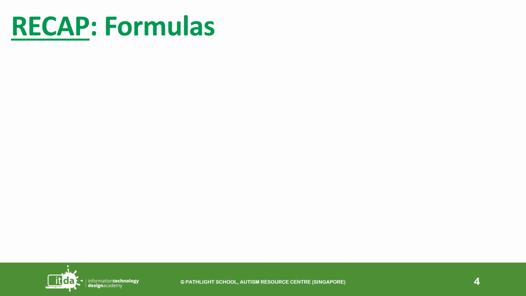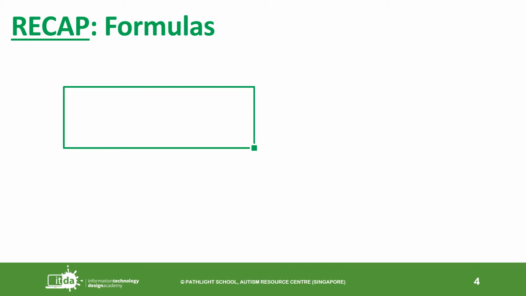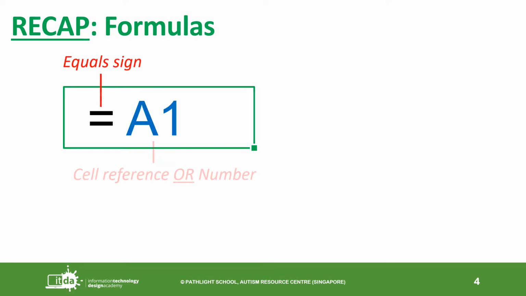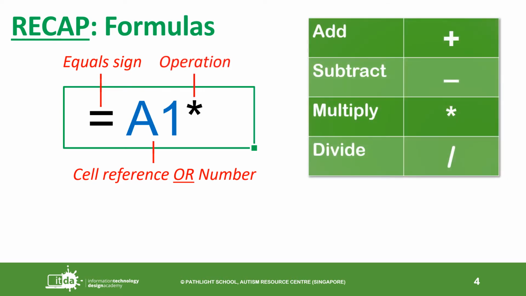So let's start with a recap. We learned that in Excel, you can enter formulas into your cells. So how to do that? Click on your cell, enter an equal sign, followed by your cell reference or the name of the cell, or it could also be a number, followed by an operation. So this is our math operation.